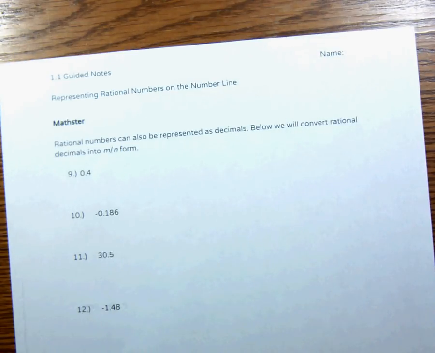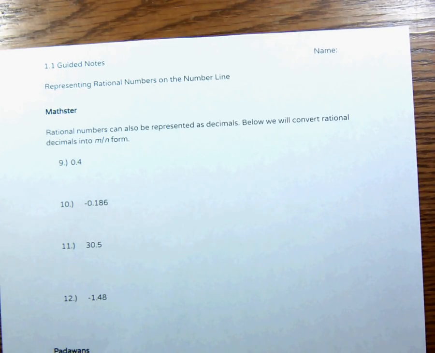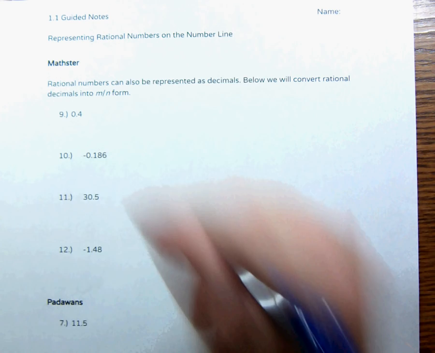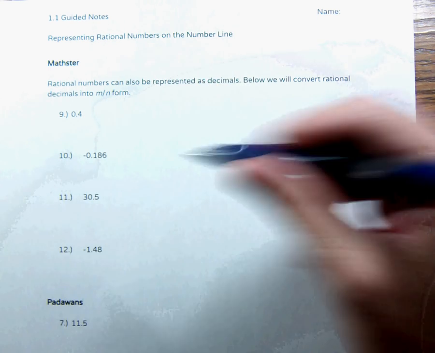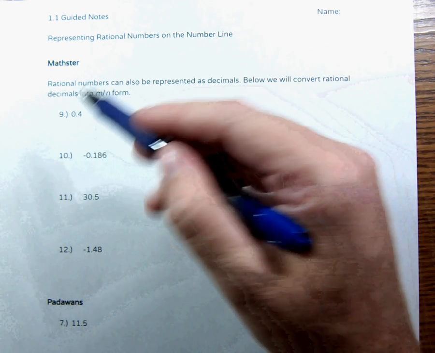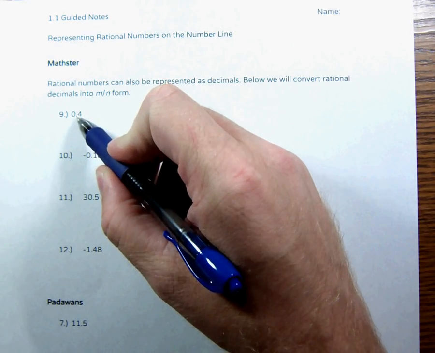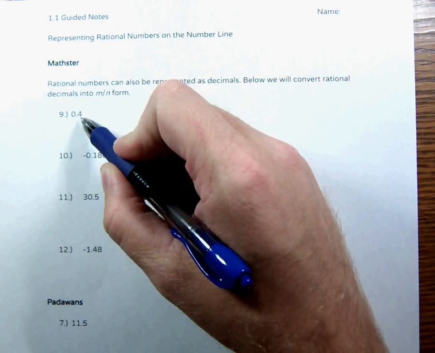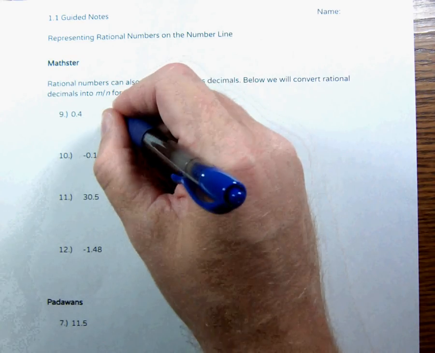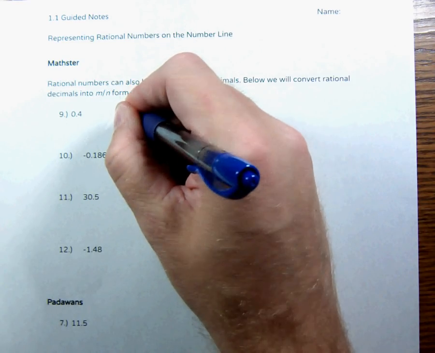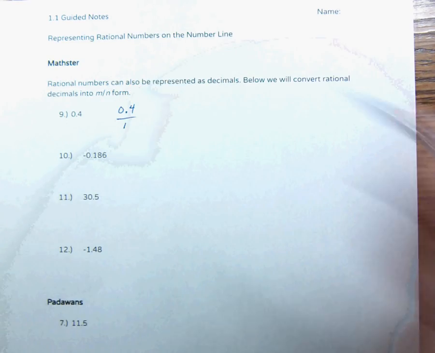And our last little examples here are taking a rational number that is a decimal and converting it into m over n form. I'll teach you how to do this. A quick, simple way to do any of this is to take the number and put it over a 1, so this is 0.4 over 1 to begin with.